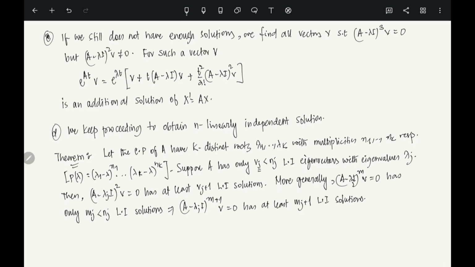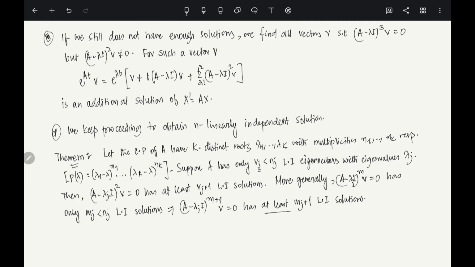That's at least. So if (A − λj I)^m v = 0 has mj linearly independent solutions, then if you take the (m+1)th power, it will have at least mj + 1 linearly independent solutions. It is very important that it is at least.